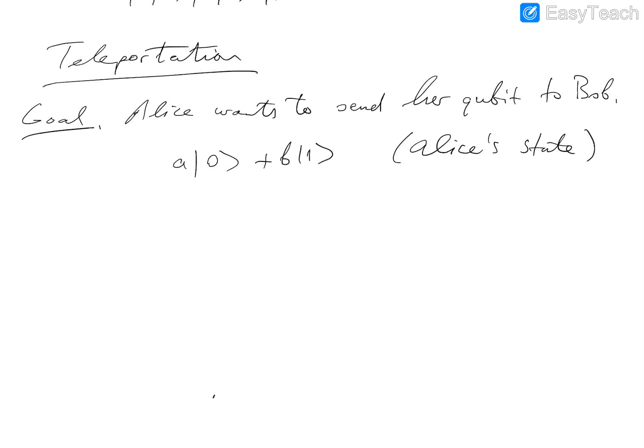Alice and Bob initially share an EPR pair. What's an EPR pair?